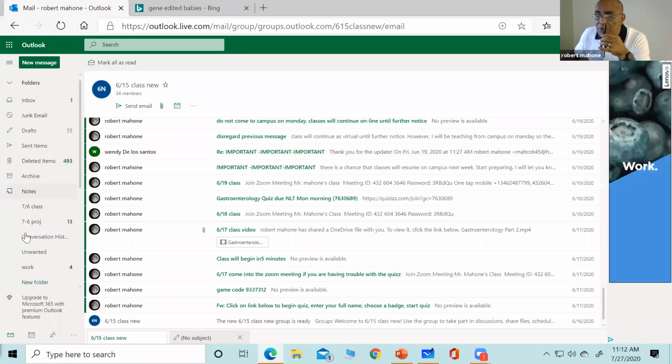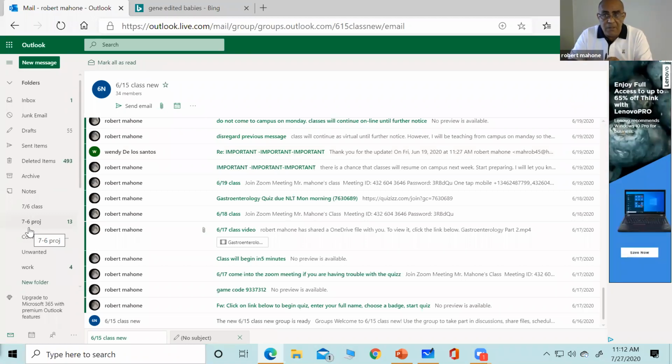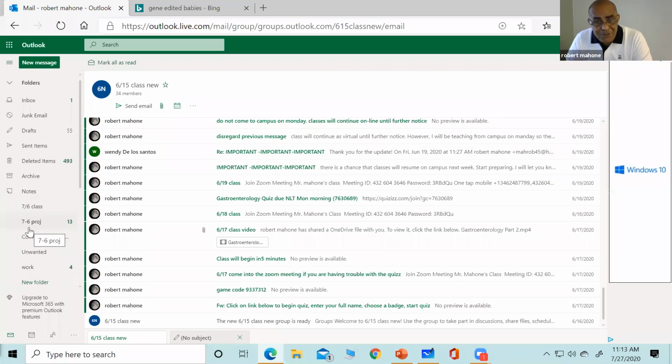You can create a folder anywhere and just name it Mr. Mahone's class. Every time I send an email to you, get what you need out of it and drop that email right back into that folder. Because the attachments will still be there too when you drop the email, like the syllabus that was in today's attachment. As soon as you drop that email into your folder, the attachment goes with it.